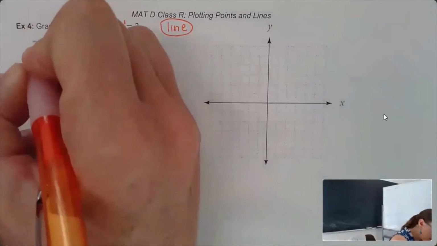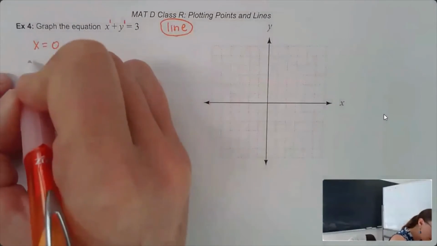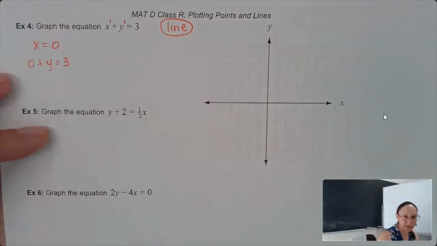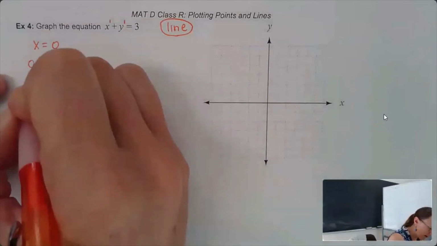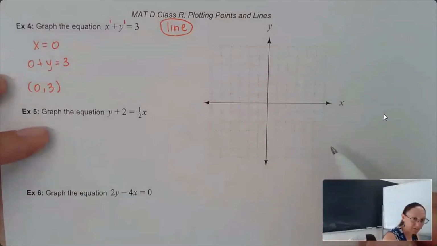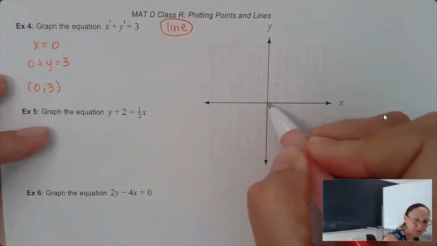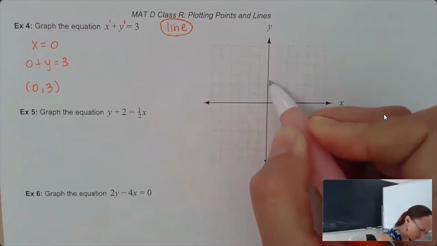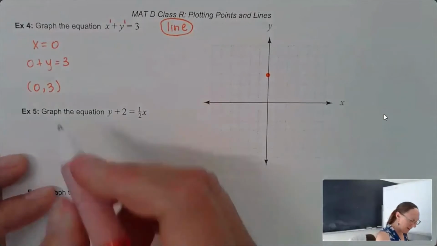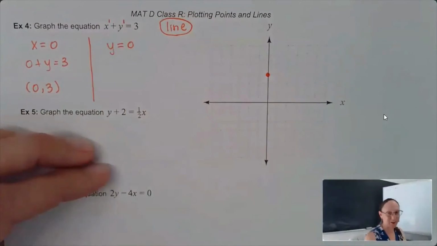So if I set x equal to 0, then this equation would become 0 plus y is equal to 3, which means y is 3. That's going to give me the ordered pair 0, 3. And I would come over to my graph and say the x is 0, so I'm not moving left or right, but I do need to go up 3. 1, 2, 3. Then I would find the point that happens when y is equal to 0.